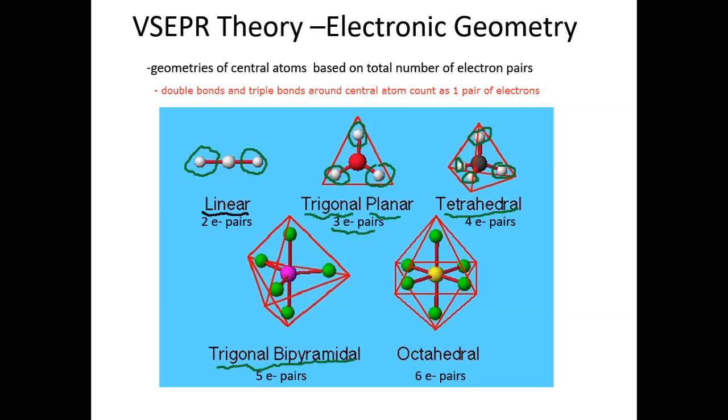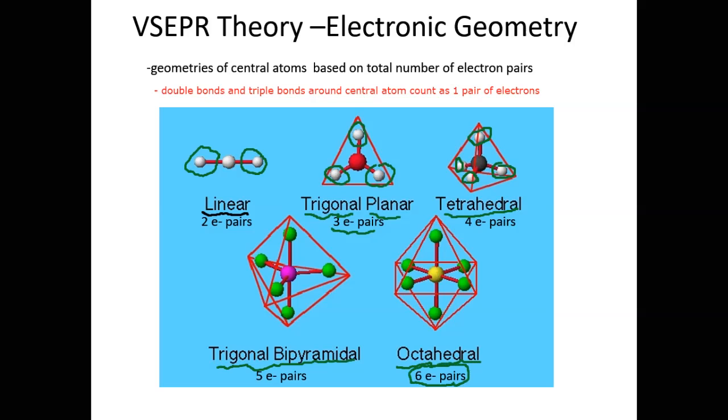And then finally we have octahedral, which is 6 electron pairs, excuse me, because it forms an octahedron with 8 sides. The maximum number of pairs of electrons you can have around a central atom is 6, which gives octahedral electronic geometry.